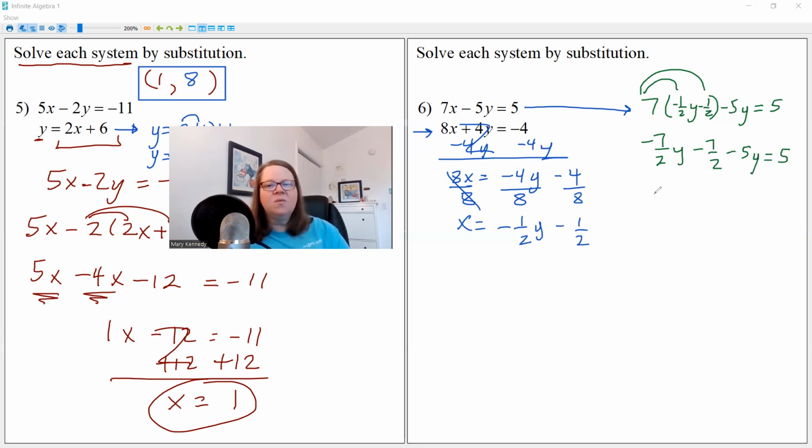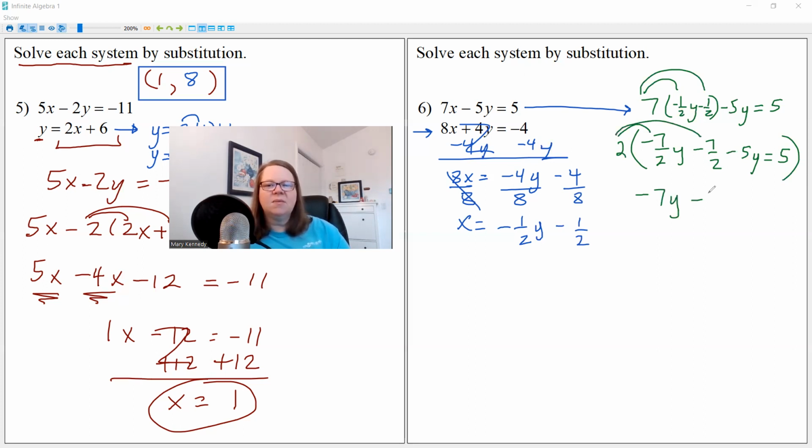The way that I would solve this from here is I would multiply the entire equation by 2, and that'll get rid of the fraction. So 2 times negative 7 over 2 is just negative 7, and that's a y term.